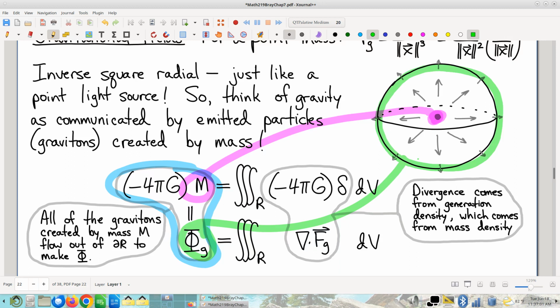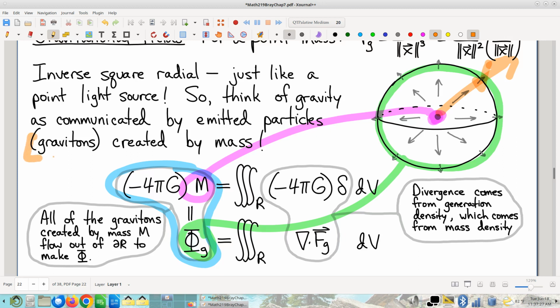More mass, more flux. Why is that? Well, more mass means more gravitons. And when you create a graviton, that graviton has to pass through and therefore create flux through the surface. So more mass means more gravitons means more flux.